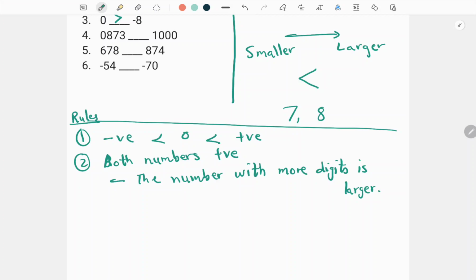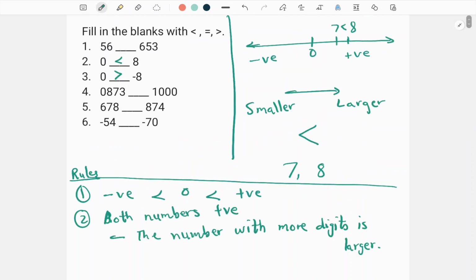So if the numbers have an unequal number of digits, suppose one number is a 2-digit number and the other is a 3-digit number, then the 3-digit number is larger. That can help us with example number 1 here, which is 56 and 653. 56 is a 2-digit number and 653 is a 3-digit number. The rule says that the number with more digits is larger, so 653 has 3 digits, and 56 is smaller than 653.